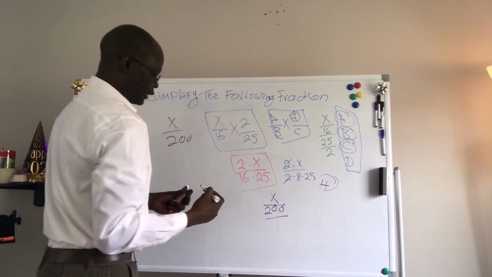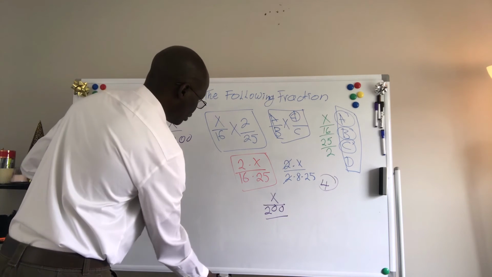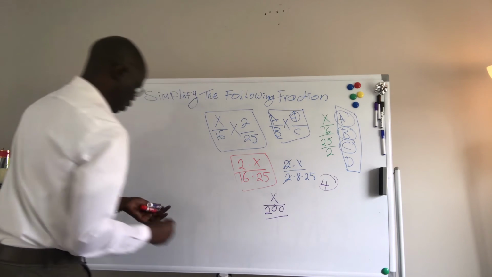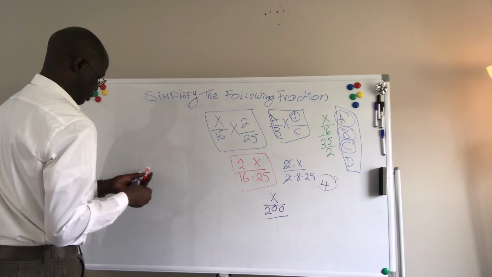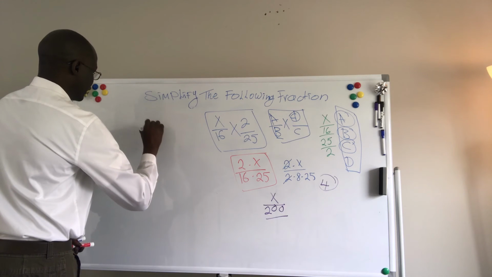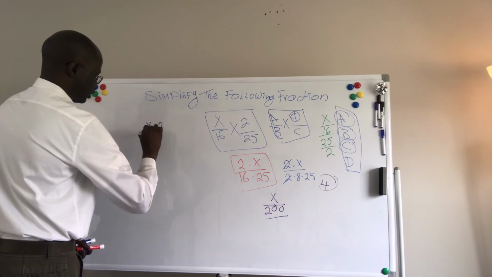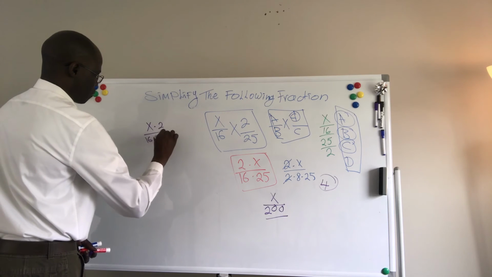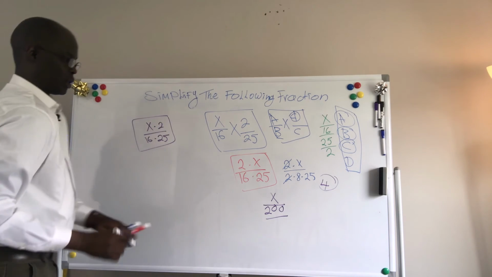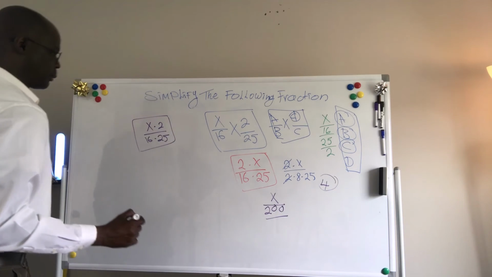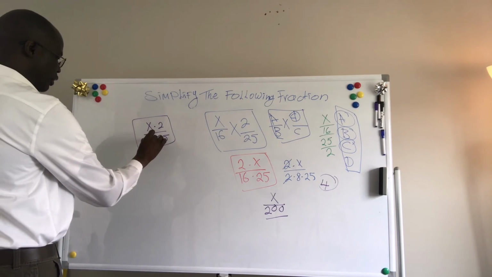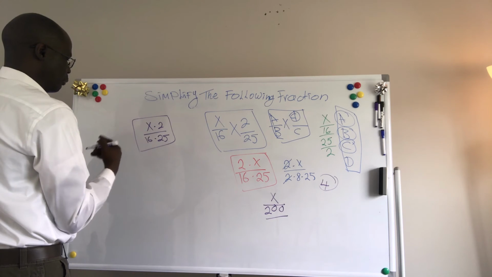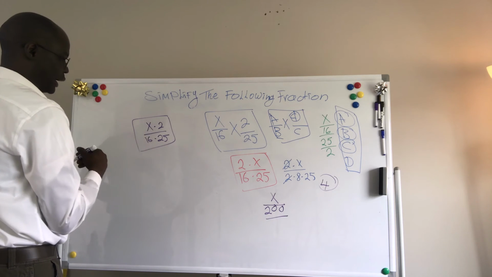There's a different way you can still get the same answer. So let's say the same thing, it can be x times 2 divided by 16 times 25. Let's begin from here. We can multiply 16 times 25 and then divide 2x by the number we get.